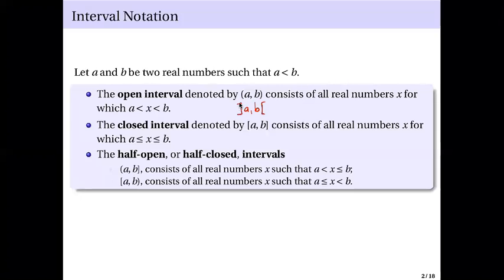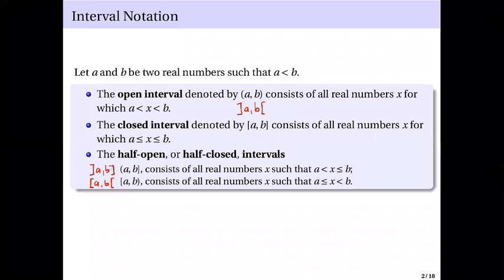It is a square bracket facing outward. With this notation, this half open interval is denoted something like this: open at A, closed at B, or for this interval, closed on the side of A but open on the side of B. So you will see this in other references.